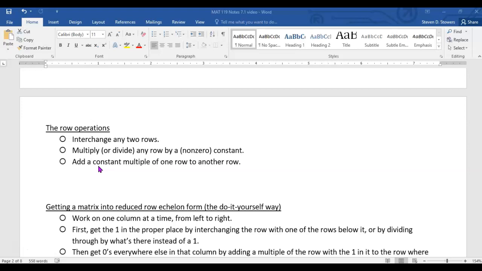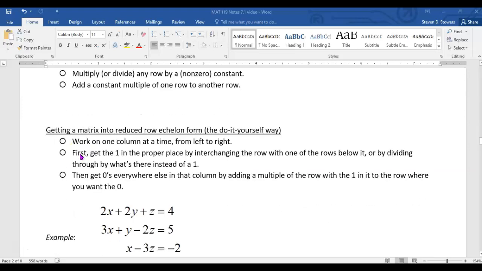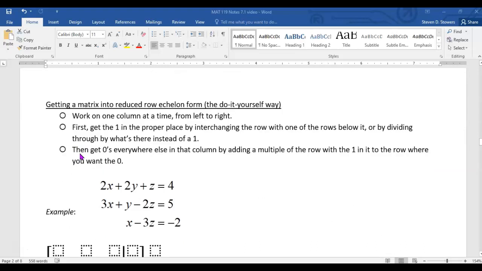Now here is the strategy. If you were doing this yourself, as opposed to just asking the calculator to take care of all the dirty work for you and giving you the final result, here's the strategy that you could follow to transform whatever matrix you start with to the reduced row echelon form that you're trying to end up with.